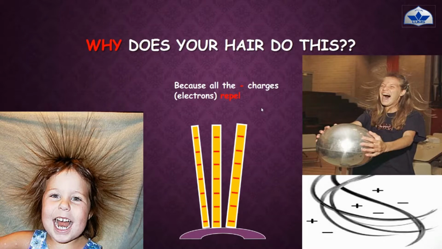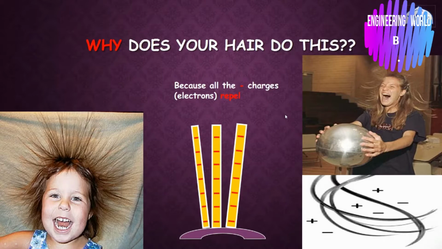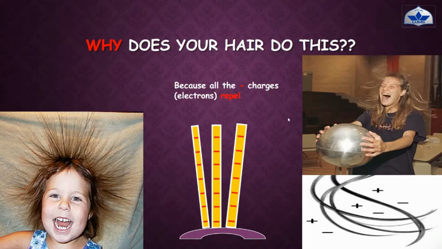One question may also come to your mind: why is she not shocked by placing her hand on this Van de Graaff generator? Actually, Van de Graaff generator creates millions of volts, but it also generates current, which is in milliamperes, and you know that a person gets shocked by electric current.